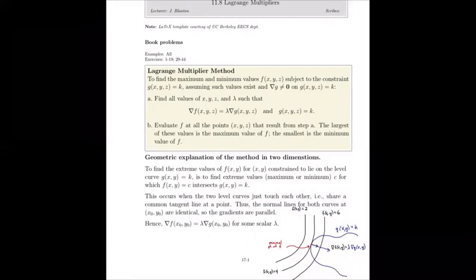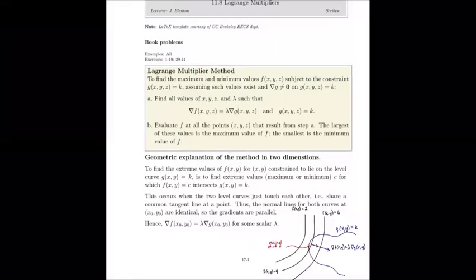Well, if g is going to have a maximum or a minimum value, it's going to occur where these two curves are just tangent to each other, because otherwise our function f could have something less than 4 that's tangent to g, if this curve happened to move in just a little bit further to the left, say something like this.